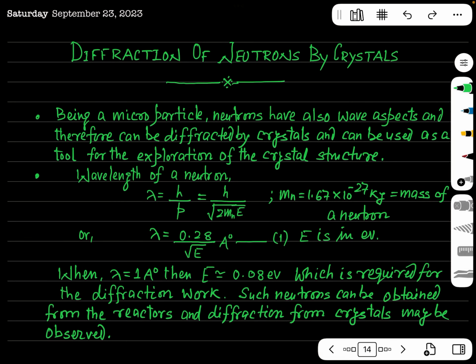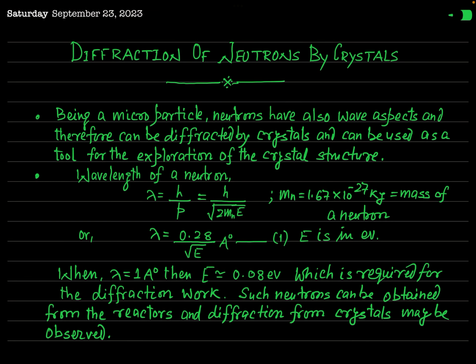In the previous lecture, we have seen the comparison of diffraction of electron and X-rays. Actually, in that connection, today we are going to discuss the diffraction of neutrons by crystals.